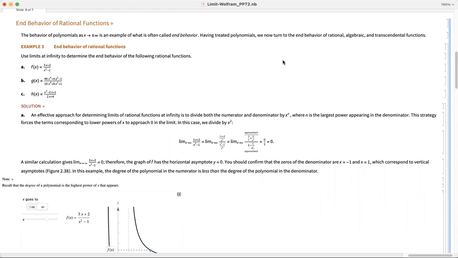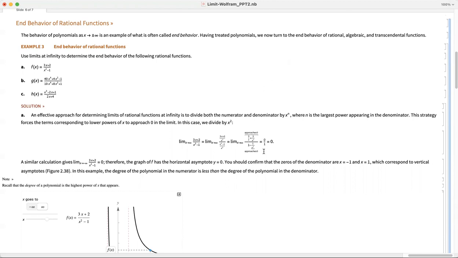Why? Because those numbers cannot be in the domain, and those numbers may be the vertical asymptote.